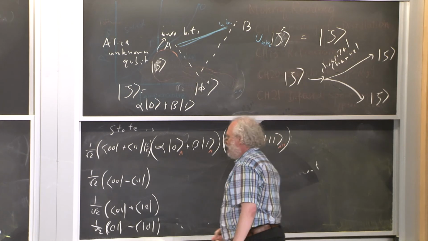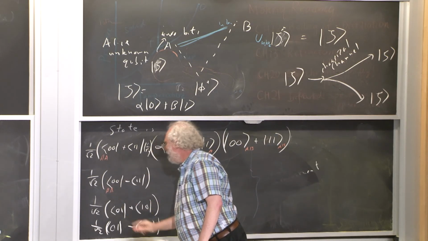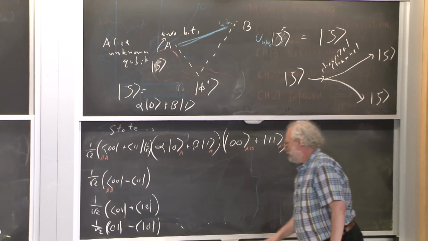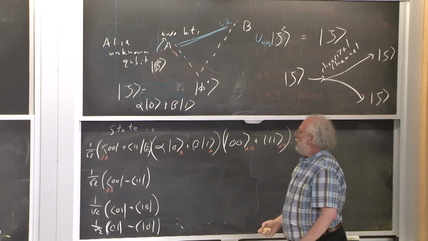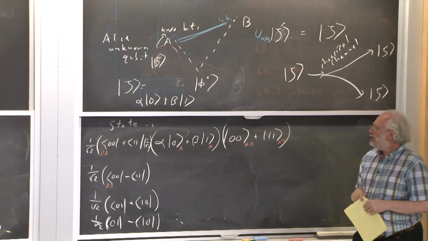Let's leave the 1 over root 2 in here. And of course, both of these qubits are in Alice's hands. So what do we get when we take this, I guess, partial inner product?